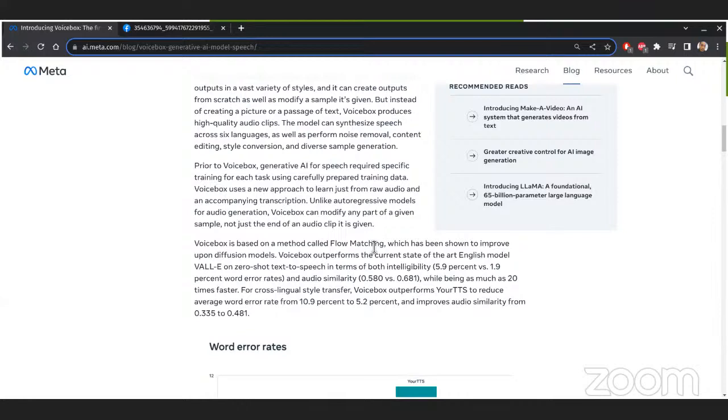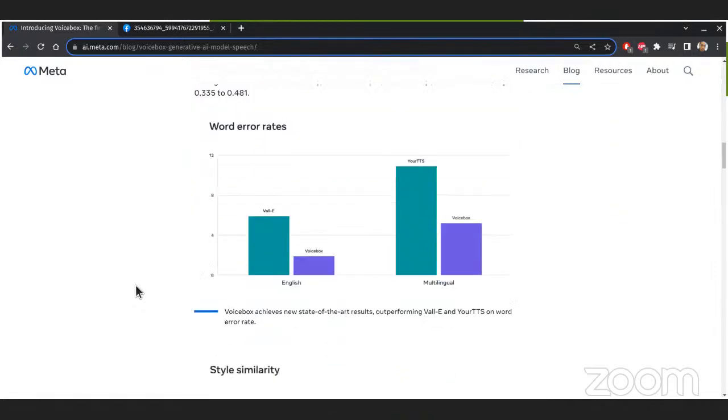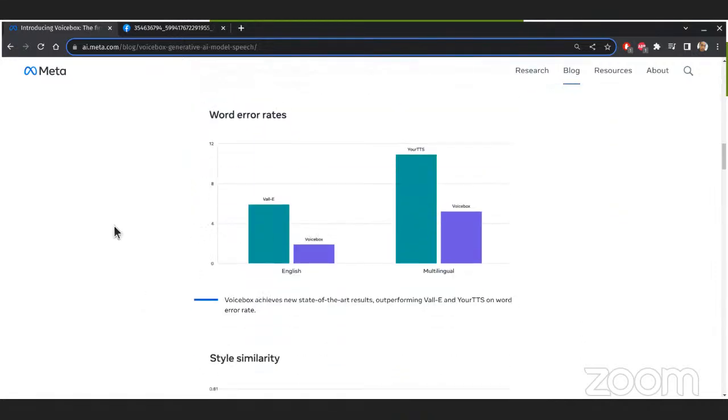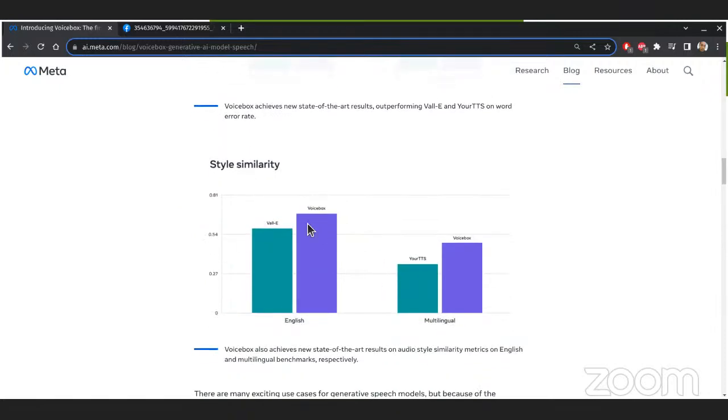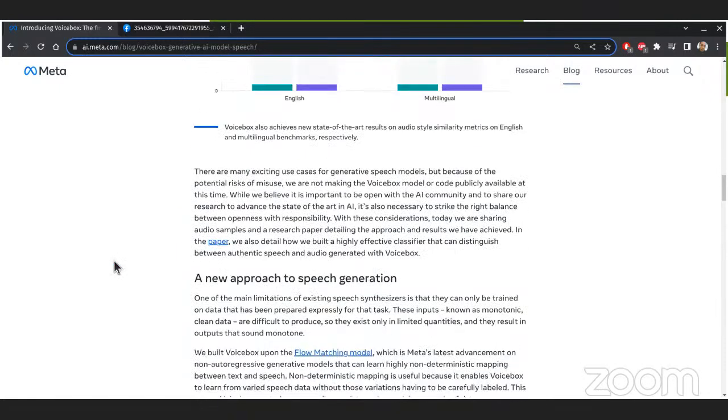I think the paper was published earlier this year. And the nice thing about VoiceBox is it has already outperformed the current state-of-the-art English model, VALL-E, that was discussed earlier, for zero-shot text-to-speech, and on style similarity.